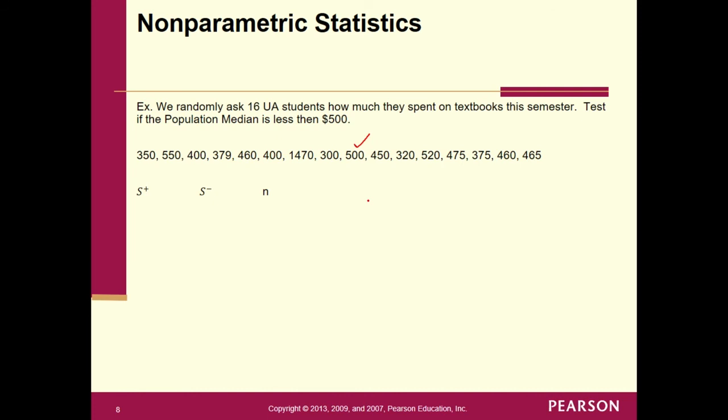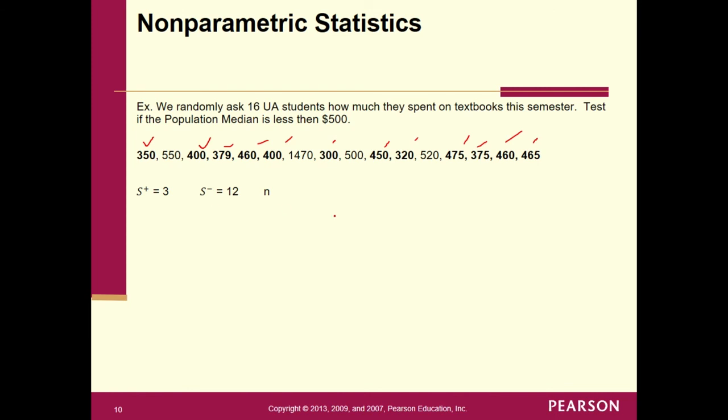So we have to calculate S plus, S minus, and N. S plus would be 3. We had 1, 2, 3 observations that were greater than 500. And what about S minus? All the other stuff, other than that 500. So we have 1, 2, 3, 4, 5, 6, 7, 8, 9, 10, 11, 12.